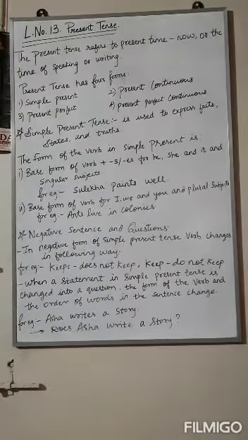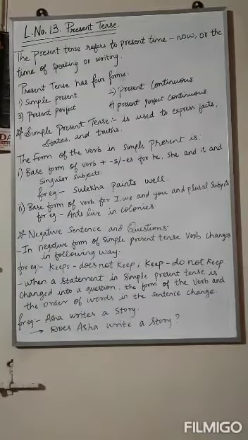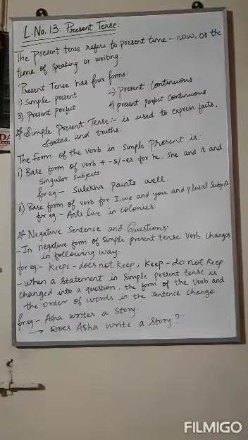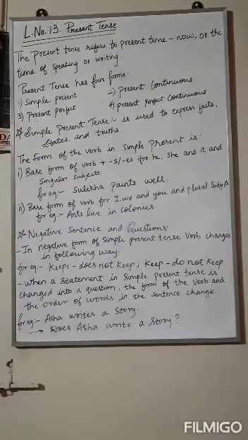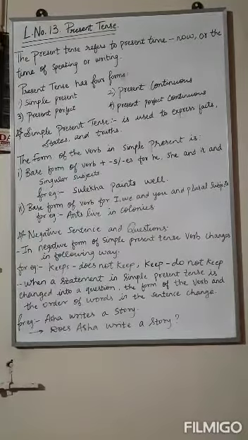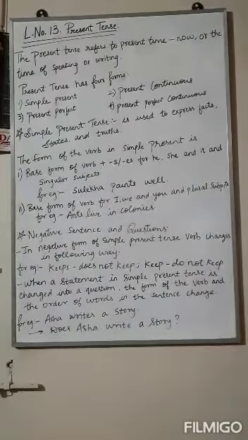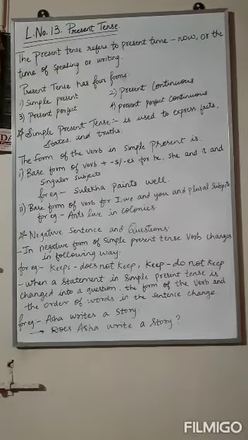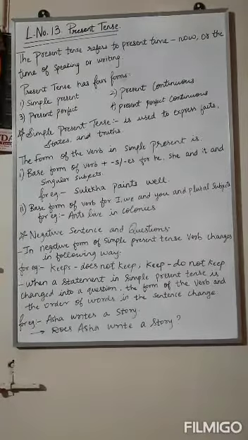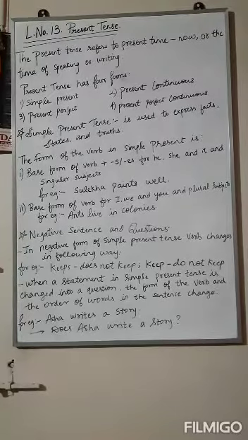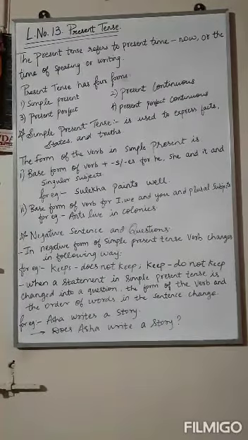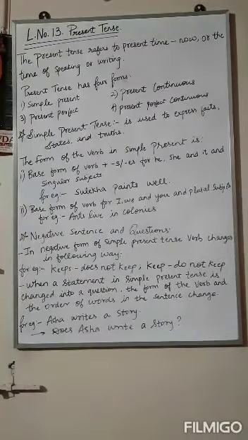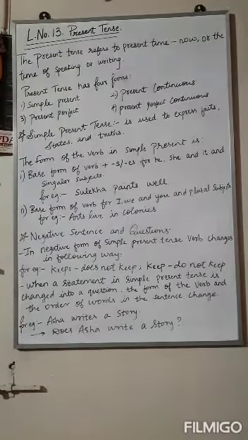When a statement in the simple present tense is changed into a question, the form of the verb and the order of words in the sentence also change. For example, Asha writes a story. Now you have to make it a question. Does Asha write a story? So this is in the question form.